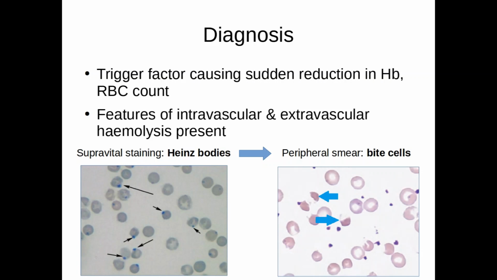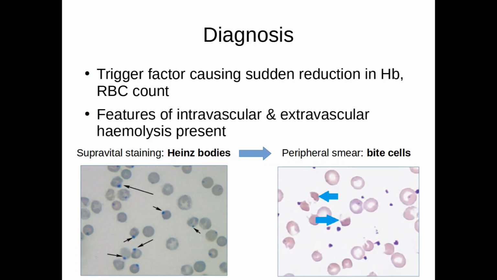For diagnosis of this G6PD deficiency, we should observe a reduction in hemoglobin and RBC count after a trigger factor has acted, and features will include both extravascular and intravascular characteristics.